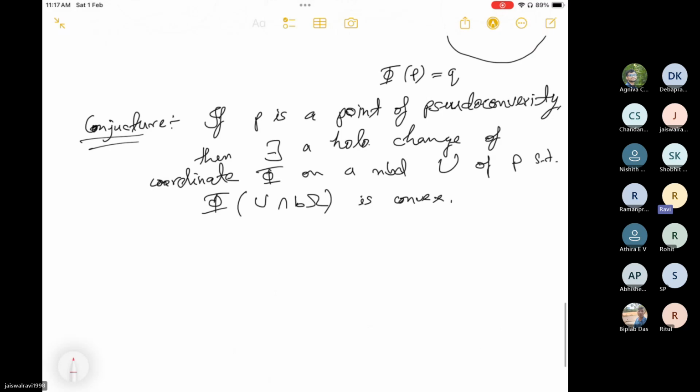But unfortunately, this conjecture is not true. This is due to Kohn and Nirenberg. This conjecture is false.